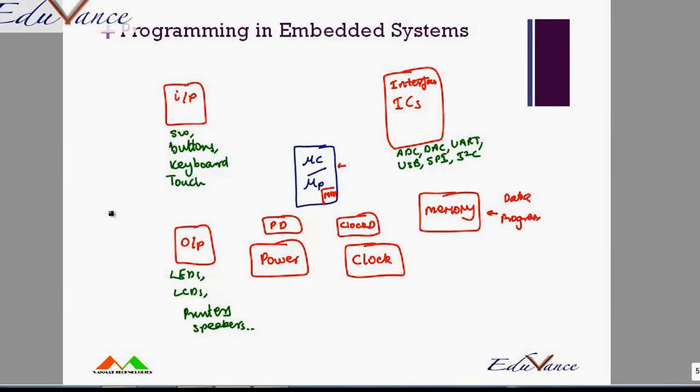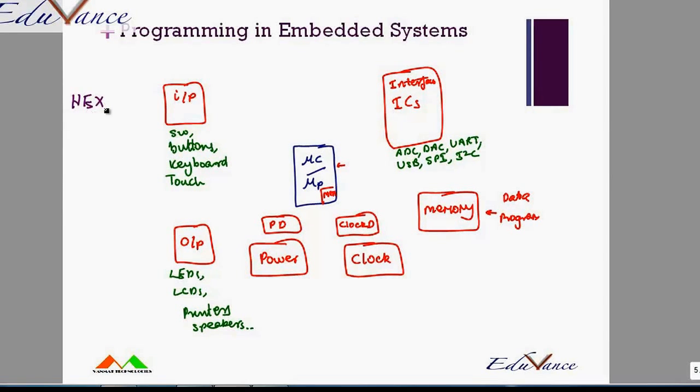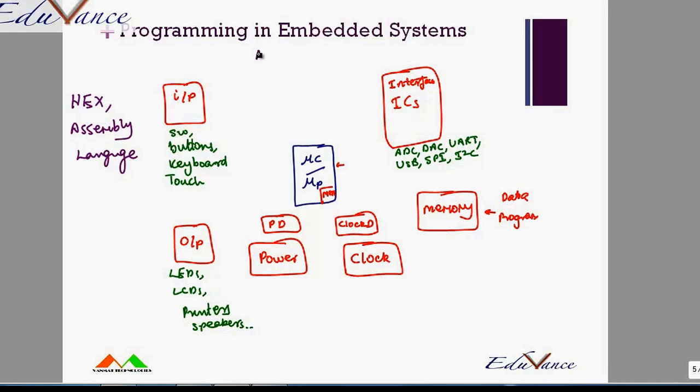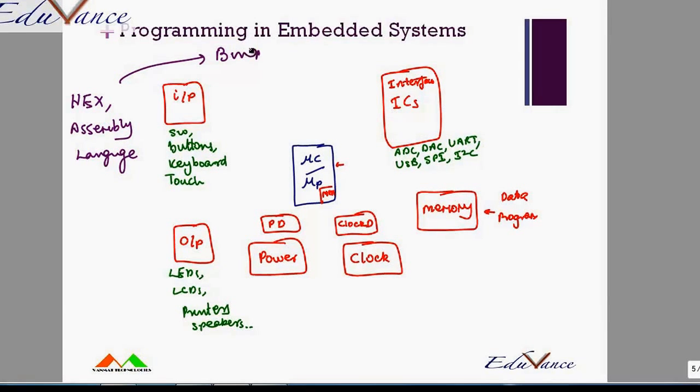So the most basic style of programming is something called as Hex Programming or assembly language programming. So what we would typically do is we would write a hex program or an assembly language program, then convert it into binary, which is again hex itself.